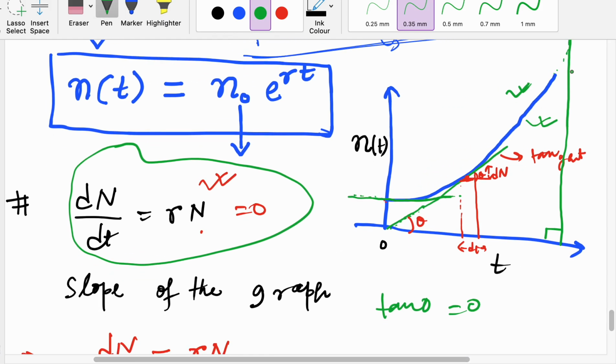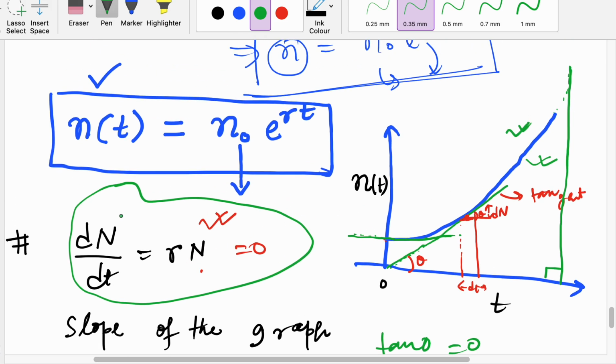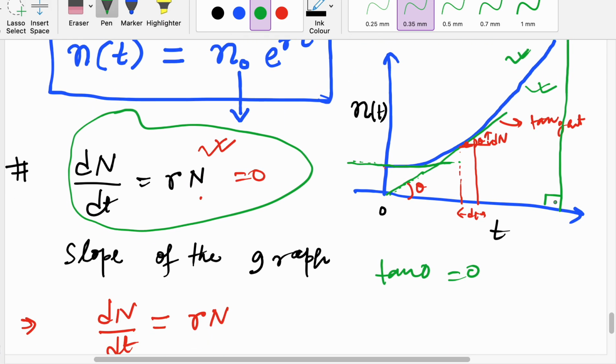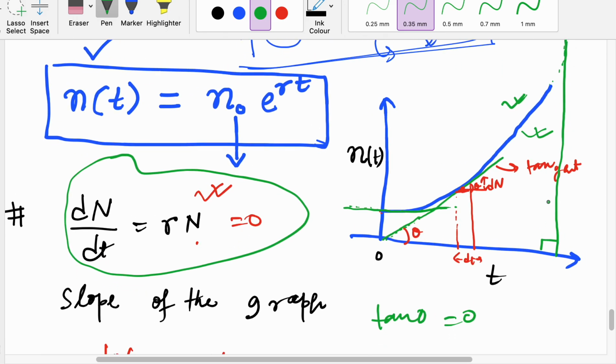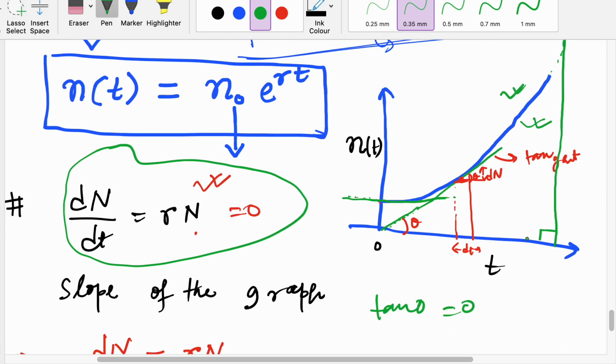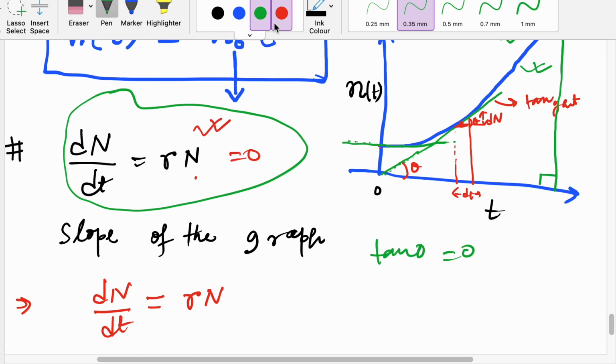And as you see, as n equals infinity, dn/dt will become infinity. And what will be the tangent of infinity? It will become a 90 degree angle with the t axis. So then the tan theta, or the tangent, will also become infinity. So that's all.